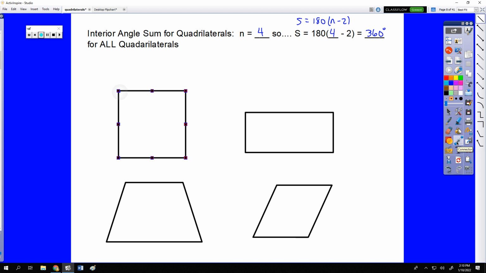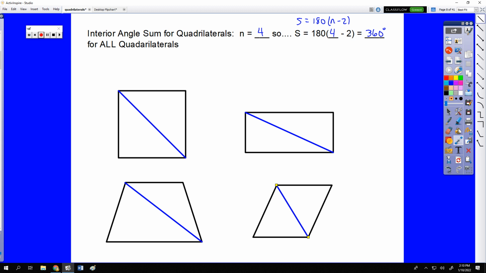So here are several quadrilaterals down below for me to illustrate how that is. If we draw in the diagonals in those shapes, we have two triangles in each of those shapes, which is why we get 360, because we have 180 degrees for each triangle, which would be a total of 360 degrees.